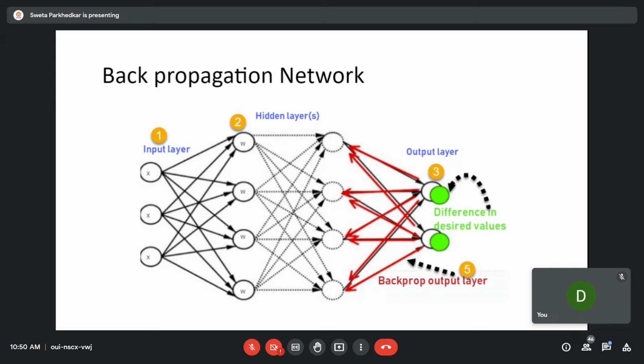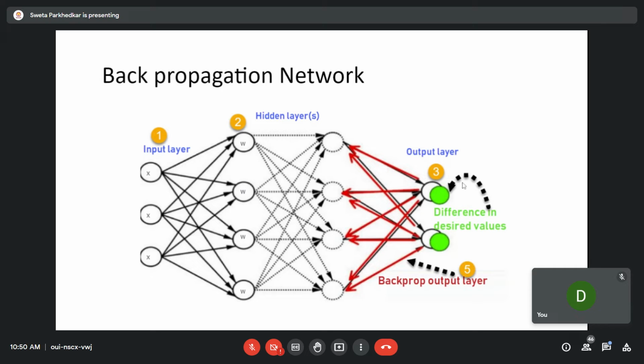So you can see these red lines. ठीक है? If there is a difference between the predicted output and the desired output, then it feeds back to the hidden layer. ठीक है?